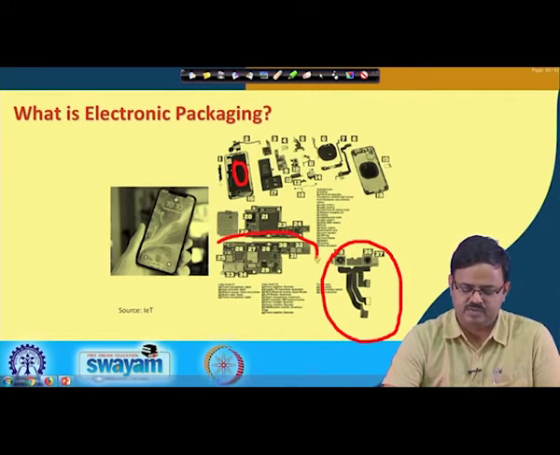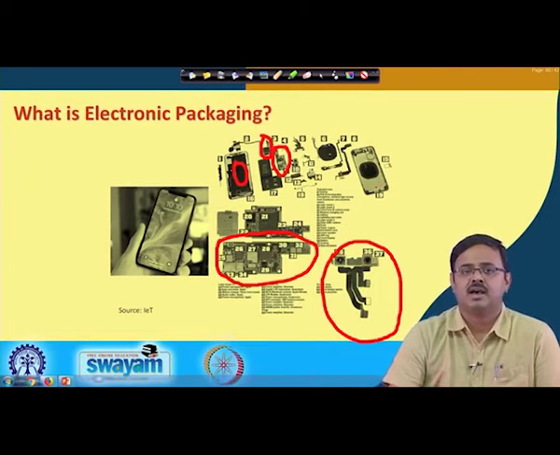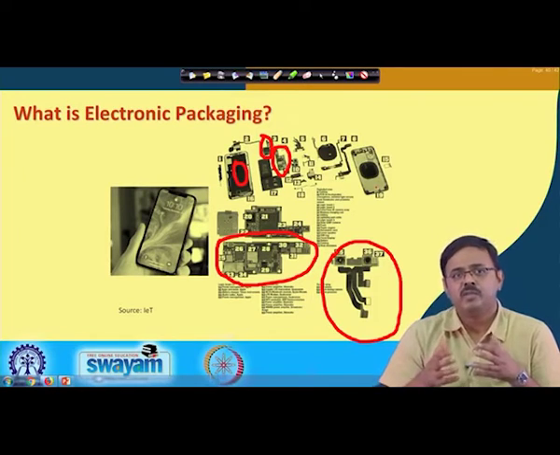This is the main motherboard with the different components on it. Then you have several separate small cards and boards, daughter cards and daughter boards. You have a display. So all these go into forming the smartphone that we see here.